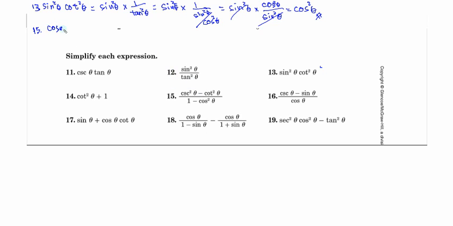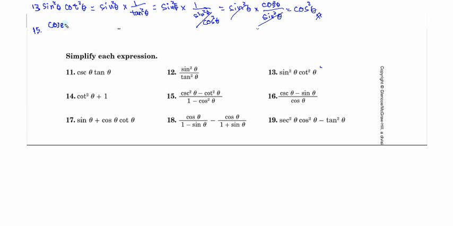So it's cosecant square theta minus cotangent square theta over, let me rewrite this question 15.